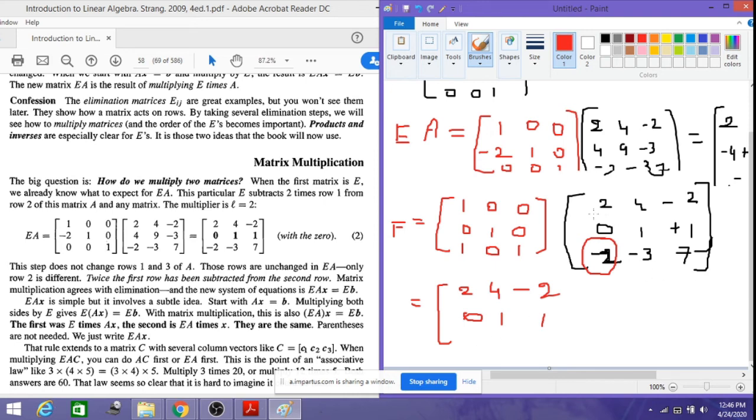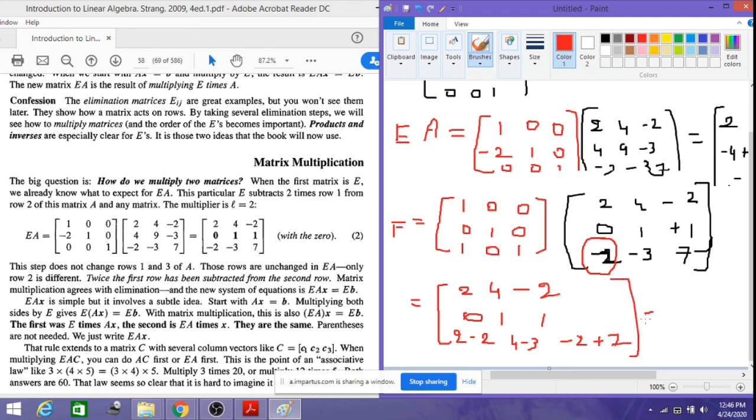So now if you see here, what do I get here is that 2 minus 2. Then here what do I get is 4 minus 3, then minus 2 plus 7.